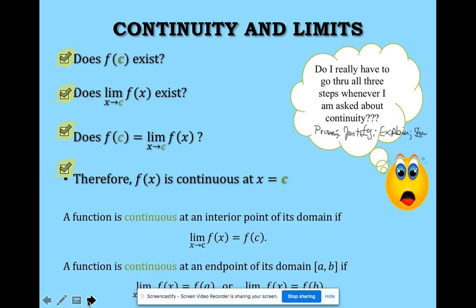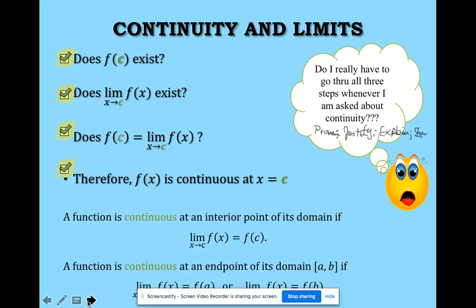If you think about a test writer, I can test a student on evaluating a left and right hand limit or evaluating an overall limit within this problem. If I ask a continuity problem, I'm also asking if you can evaluate an overall limit or an endpoint limit. So I don't have to write a whole separate test question to see if a kid can do that, as long as you write it out here.